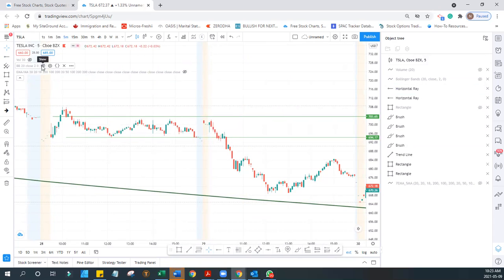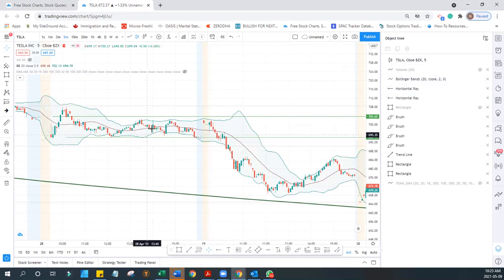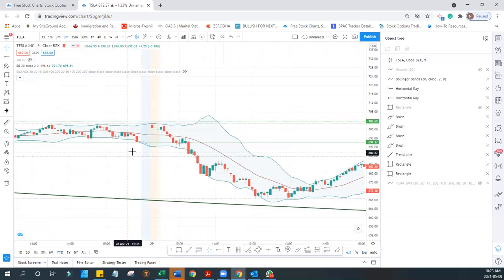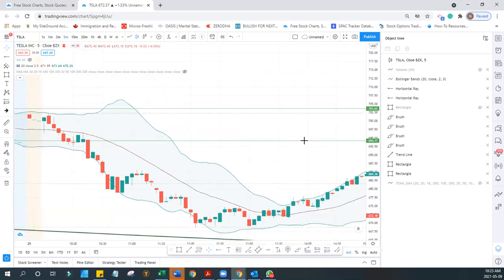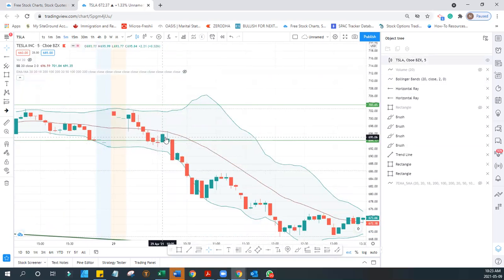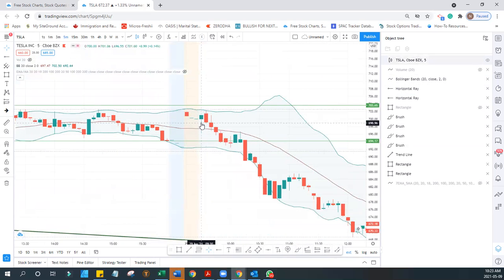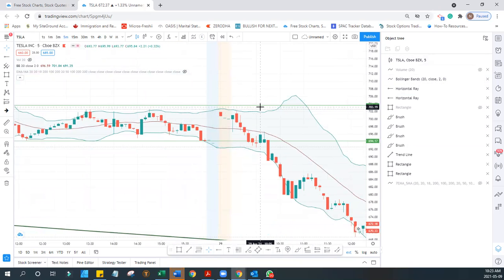Now when I put the BB on for the next day, you see it broke the support here, and now it is walking downwards. It's not going upwards because this was the resistance, so the chances of it going upward are very less.